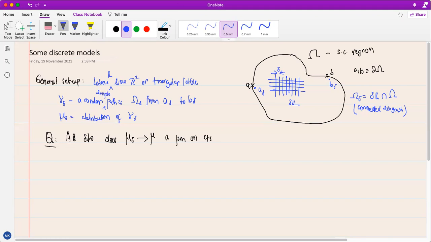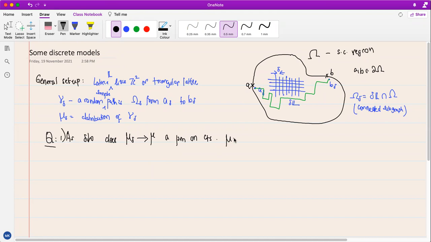So all the models we will look at will be random simple lattice paths. You can also consider things like random walk, which intersects itself, but in the context here, let's assume they are simple. So as delta goes to 0, this is one question: will you get a mu?